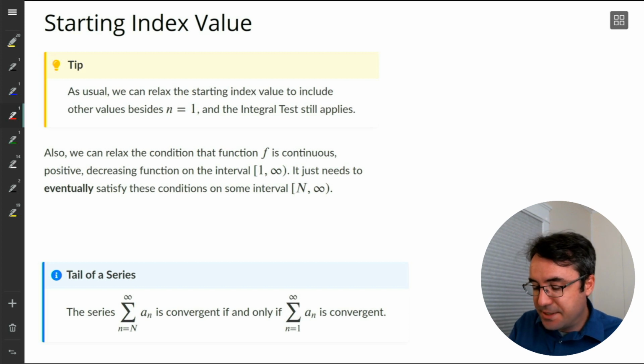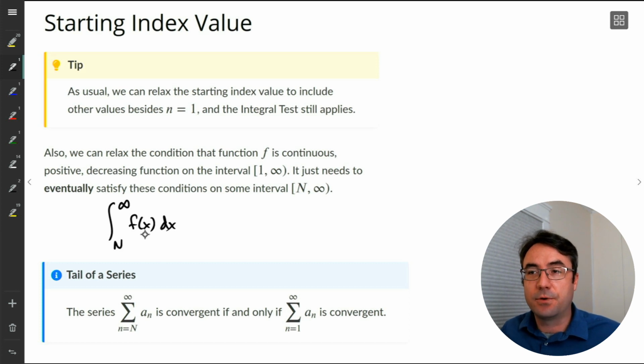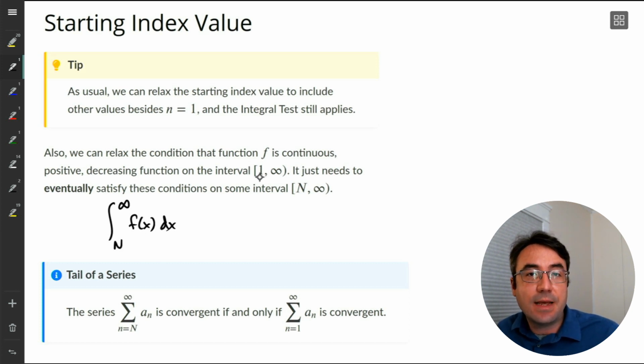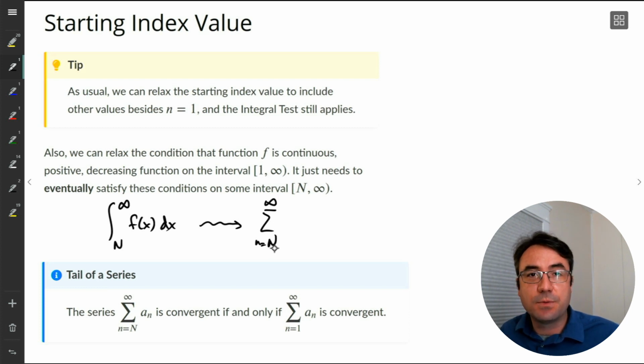And so what we could look at instead is the convergence or divergence of this improper integral, where instead of starting at n equals 1, we could start at some larger value if necessary, say capital N.